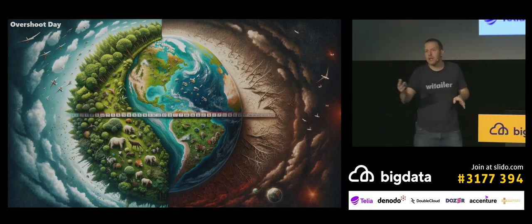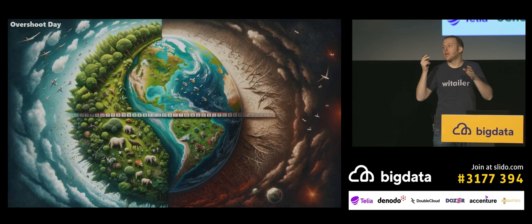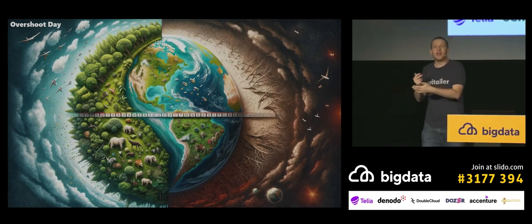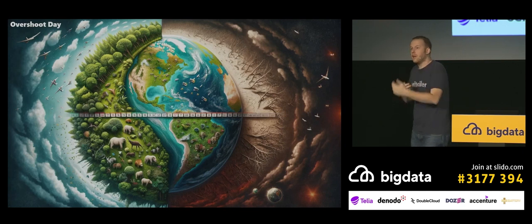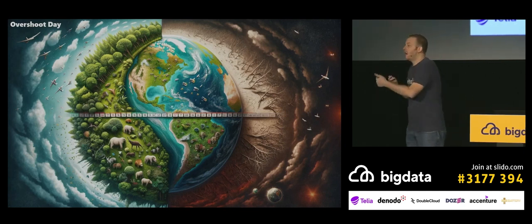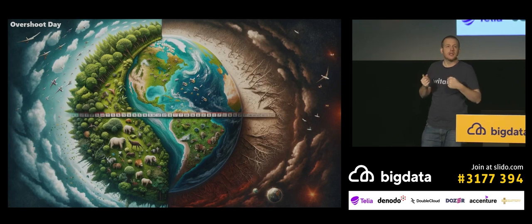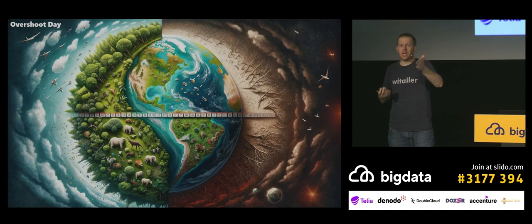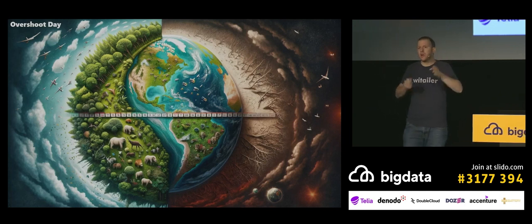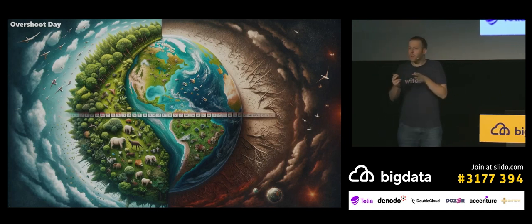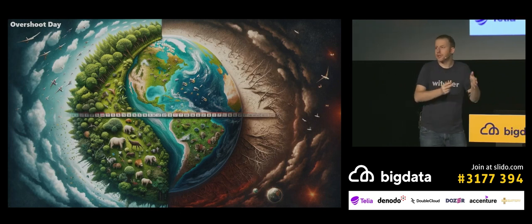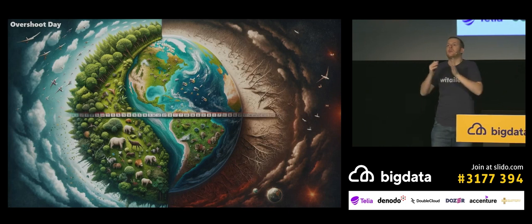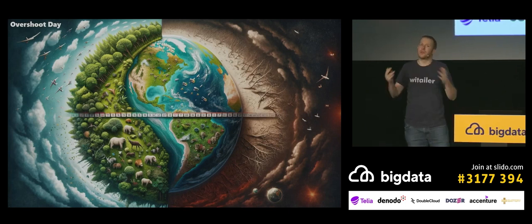Ideally, this overshoot day should stay on 31 December, or even never be reached. But year by year, the date of this overshoot day is getting earlier; it passed just a few weeks or a month ago, something like that. So what does it mean? It means that we are consuming resources faster than the planet can produce them. And this is not good.